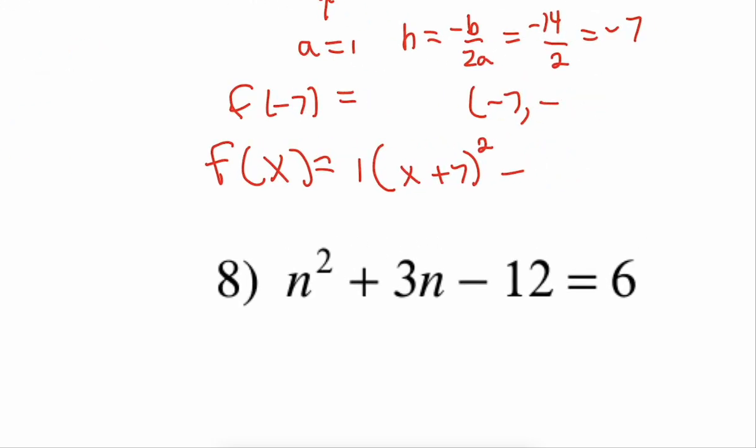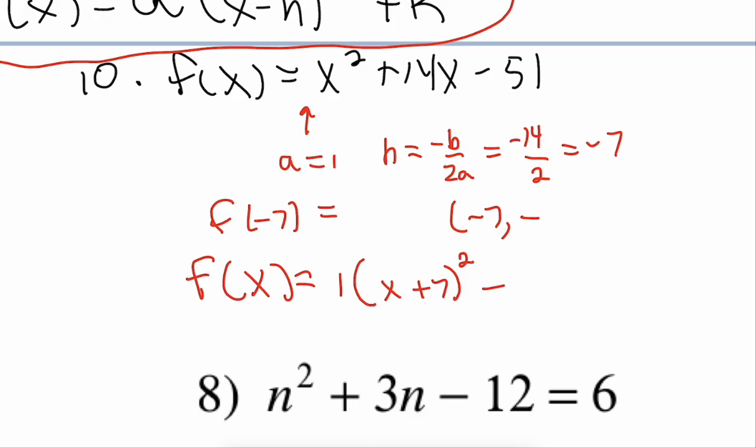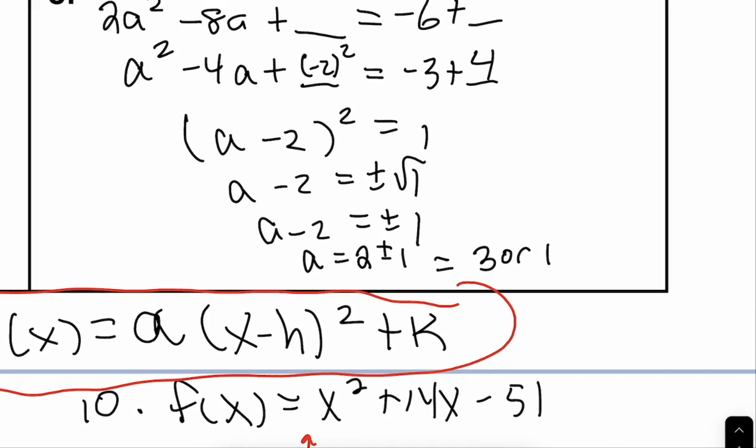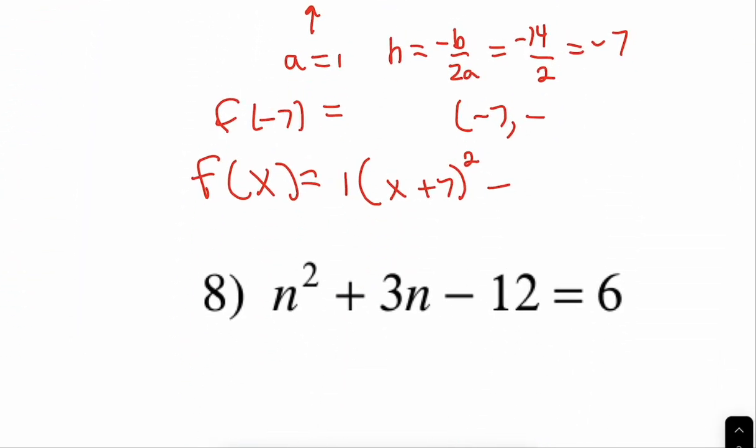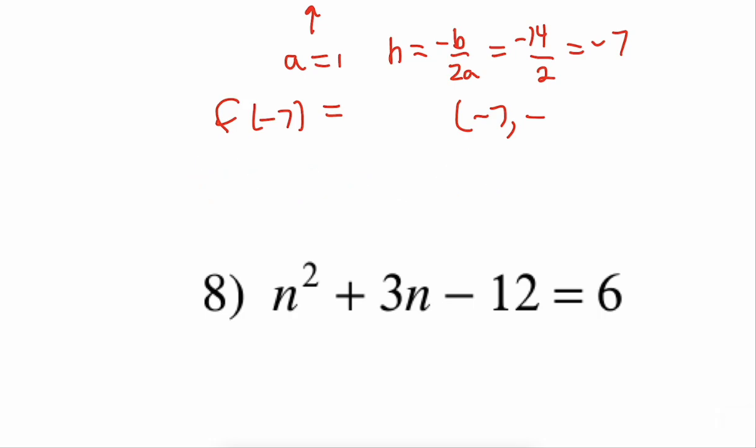Oop, oop. We did it earlier. Okay, wait, when we plug in -7, I'm just going to have to plug in -7, guys. Wait a second. I was looking at the other equation. Okay, plug in -7. We get 49 minus 7 times 14 minus 51. Oh, that's the -100 one. I'm so sorry.